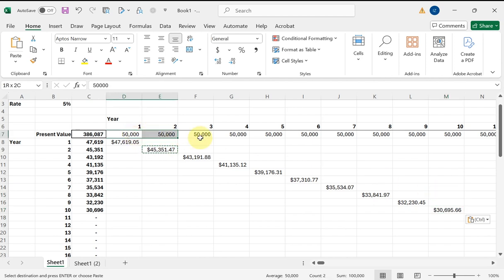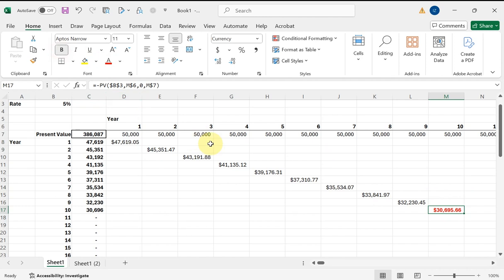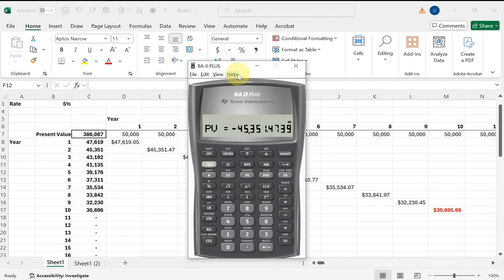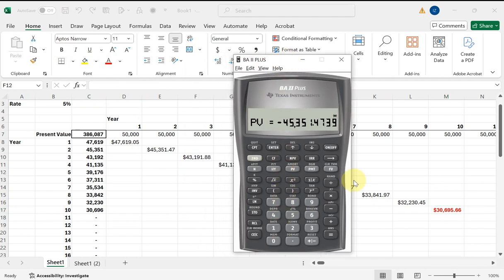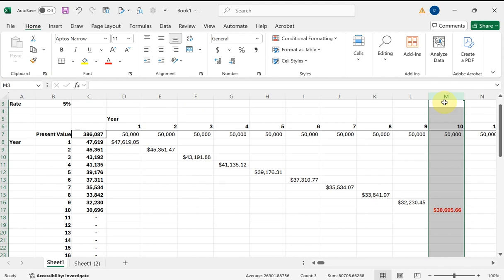Okay, so like I mentioned before, in the first 10 years you get $500,000. However, from a present value perspective, we only get $386,087. Let me prove this to you here by grabbing my financial calculator, and it's year 10, as you can see here, right?